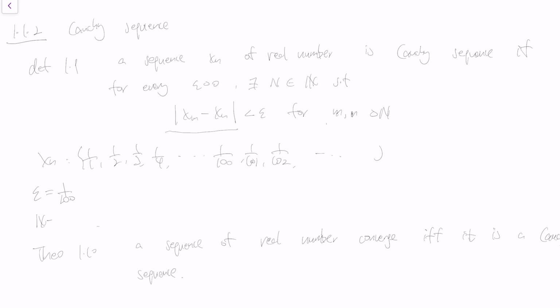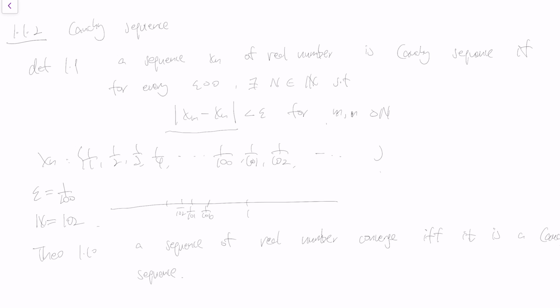If we draw the line here, this is 1, 1 over 100, 1 over 101, 1 over 102. And here we set our capital N equal to 102.